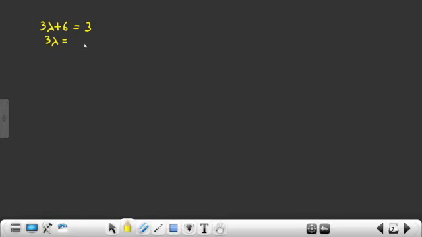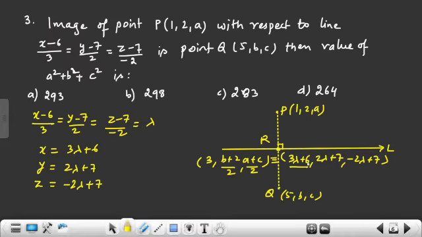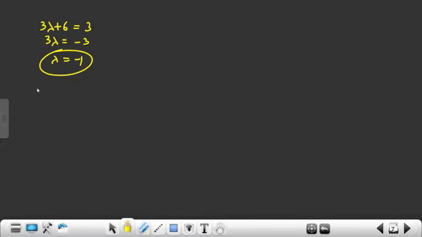So 3 lambda equals minus 3. So lambda value is minus 1. Now similarly, with lambda minus 1, I can calculate this point: 3, 7 minus 2, 5, and this is 9. So I got the point as 3, 5, 9. Now B plus 2 by 2 equals 5.